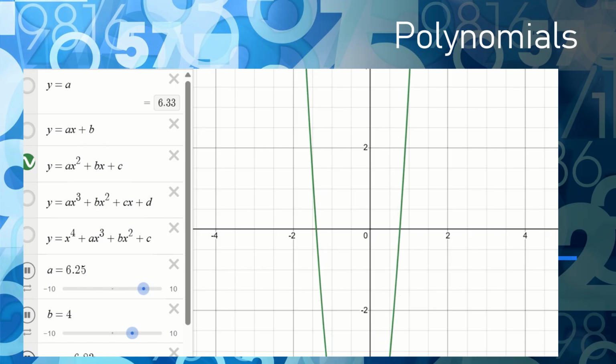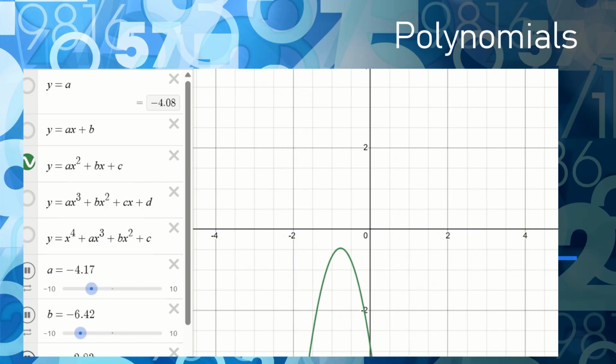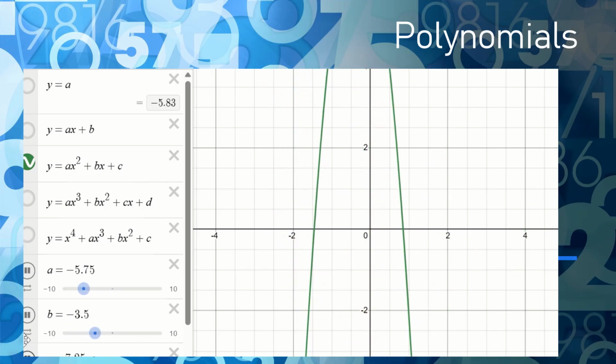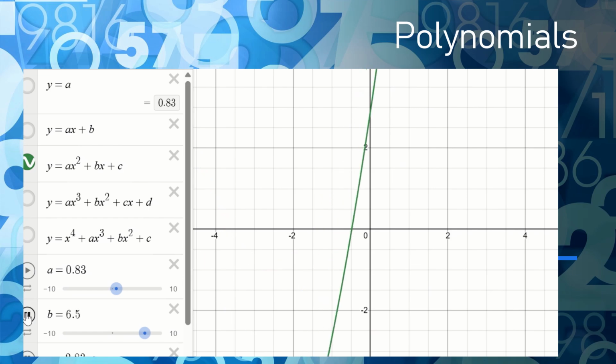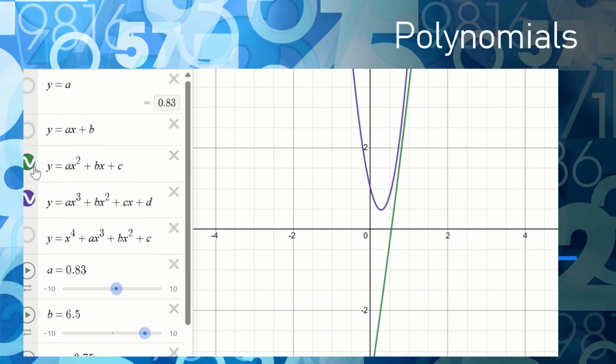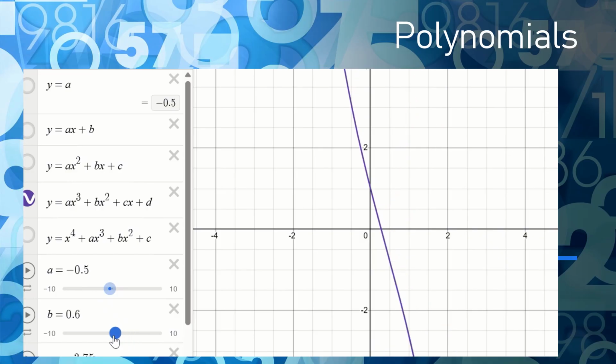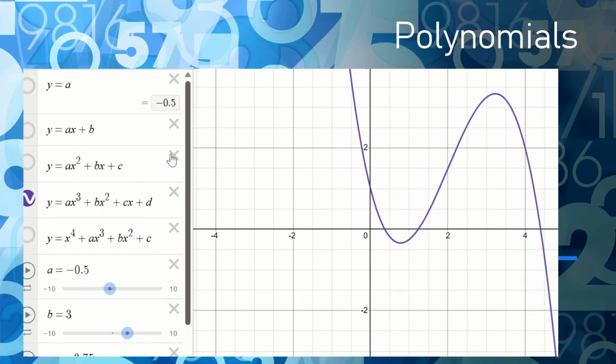So we can only have 1 bump. And here is one that is cubic. Let's move all these back. So it's cubic, so you see how the degree is 3, and therefore the max number of bumps it can have is 2.